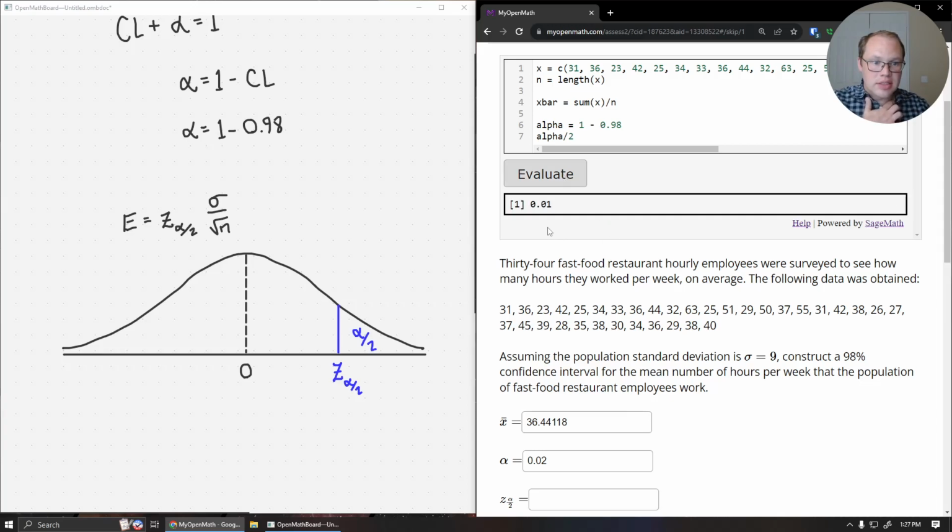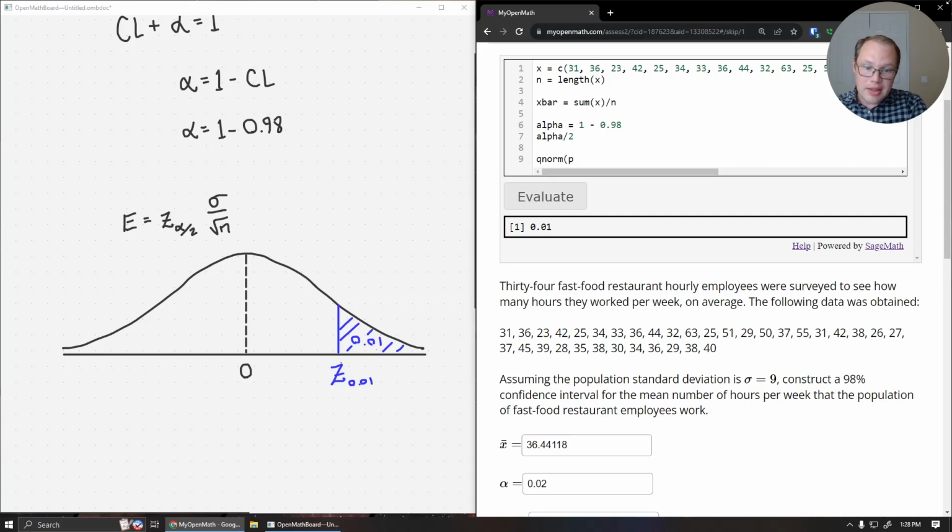In our particular case, alpha over 2 is 0.01. So instead of calling it z alpha over 2, if we plug in the particular value for alpha over 2, we would get z of 0.01, and the area to its right is 0.01. Since we are told the area to the right of the z-score and we want to find the z-score itself, that means we want to use the qnorm function and plug in the probability, right?